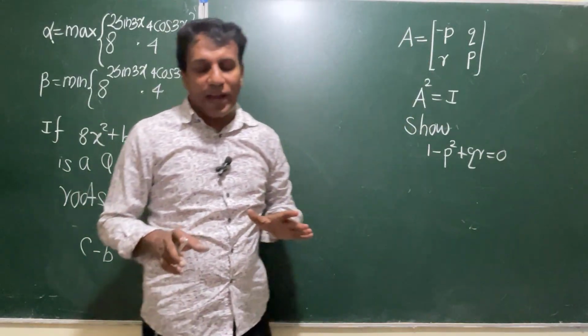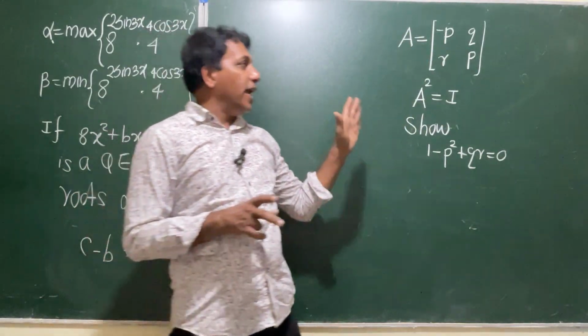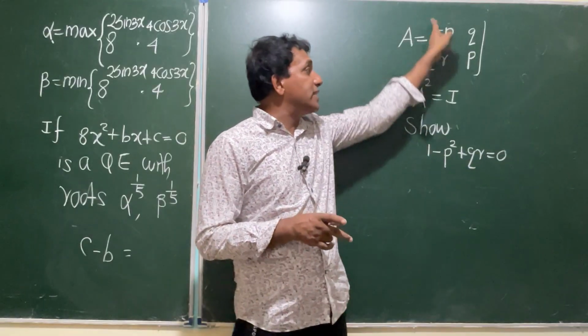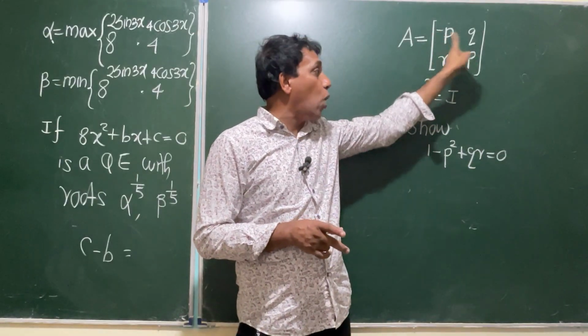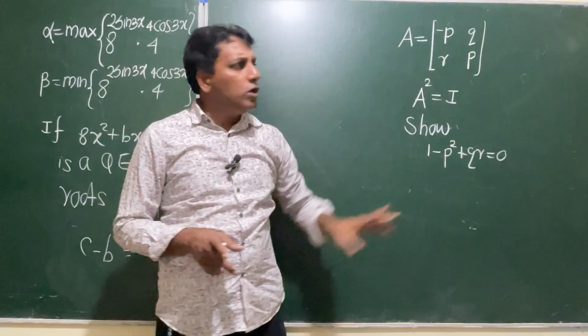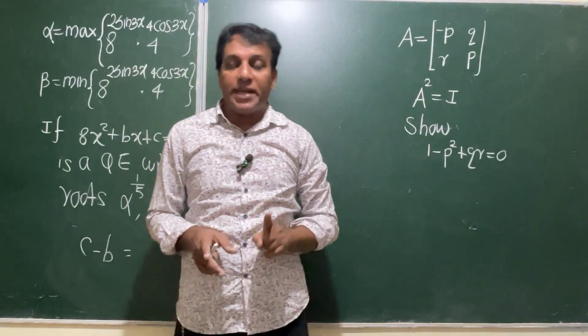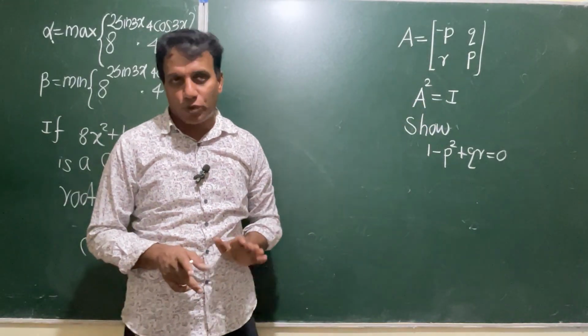A is a matrix, right? You know matrix algebra. A is a matrix given with elements minus P, Q, R, P. So what is the matrix? A square matrix, 2 rows and 2 columns, right?